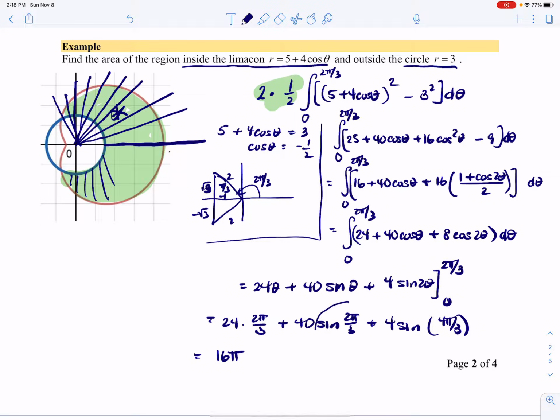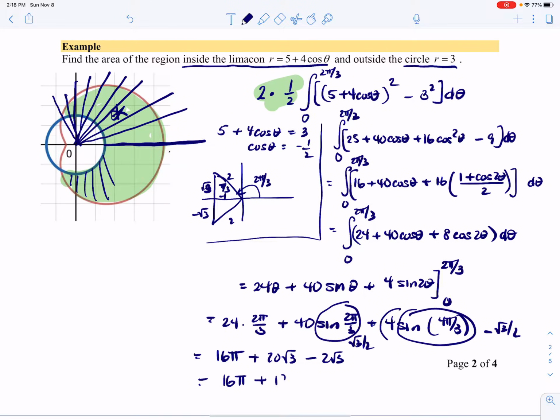Sine of 2 pi over 3, well, that's quadrant 2. That's root 3 over 2. So that means this is plus 20 root 3. And 4 sine of 4 pi over 3, well, that's going to be negative root 3 over 2. So 4 times that would be minus 2 root 3. So the final answer should be 16 pi plus 18 root 3.